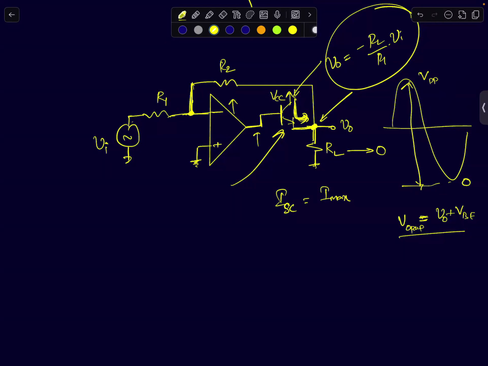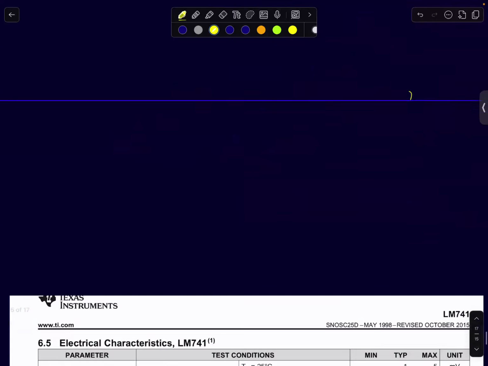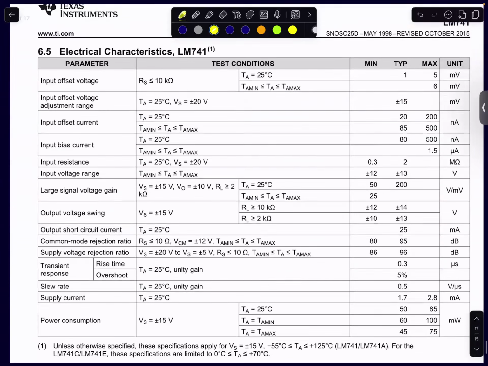Specifications are nothing but conditions under which your op amp will behave as you want, like an ideal op amp. If you go out of this range, if you want your output slope to be higher than the slew rate, then you can no longer expect it to behave like an ideal op amp. So that's it. Now we have all the answers.